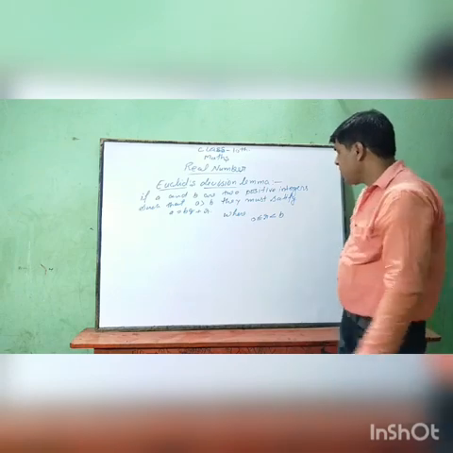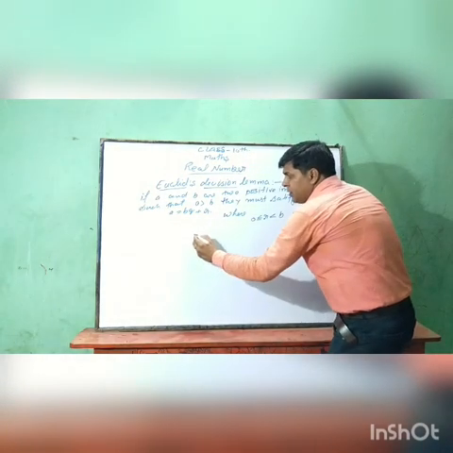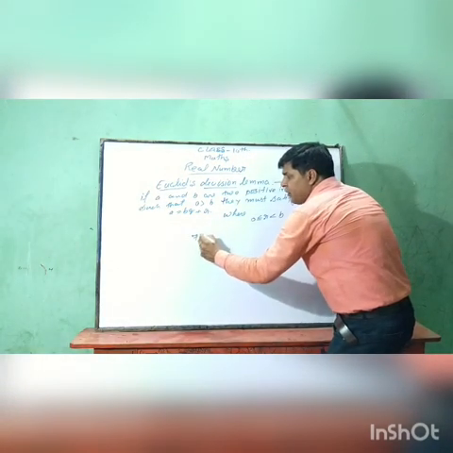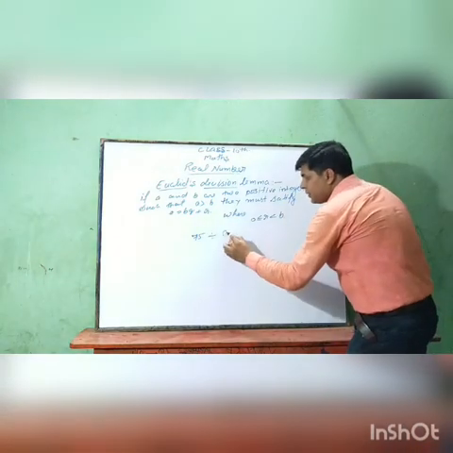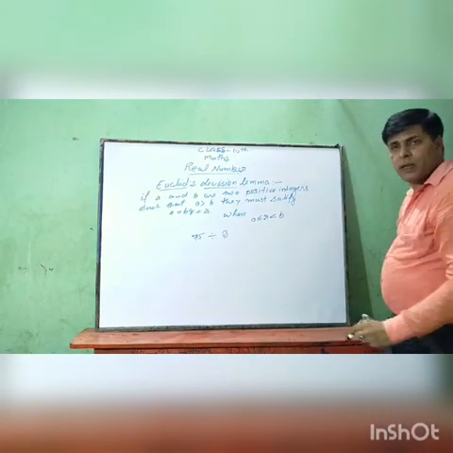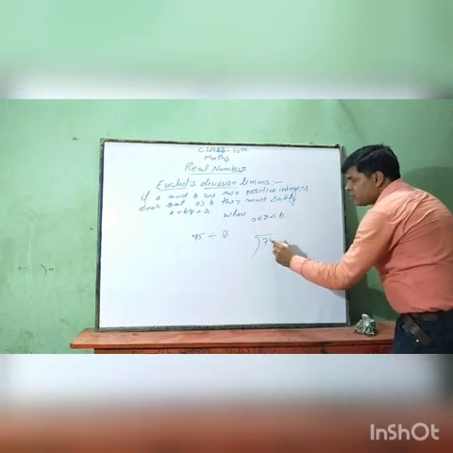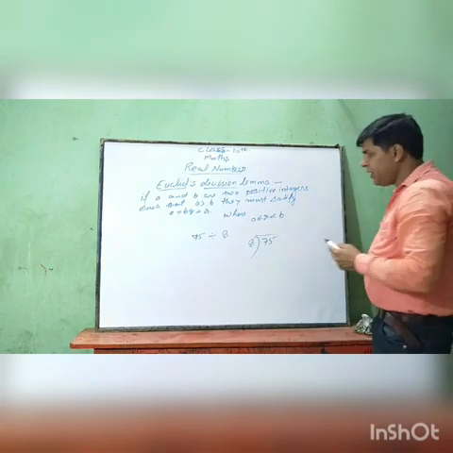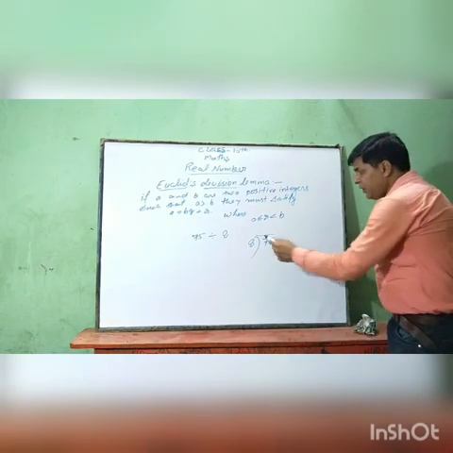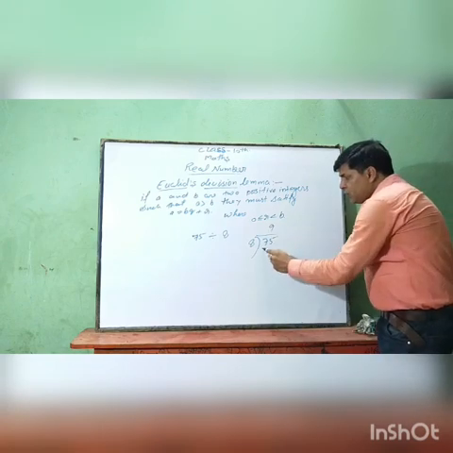Let us take an example, 75 divided by 8. See the process of its division. We read the table of 8: 8 nines are 72.